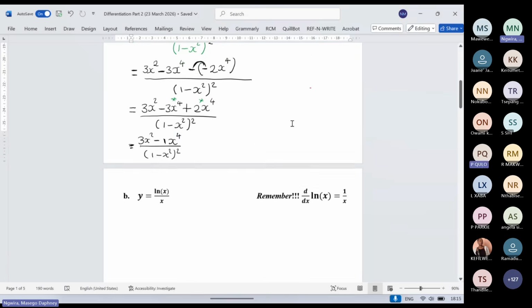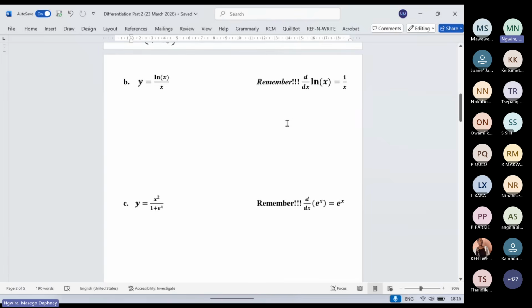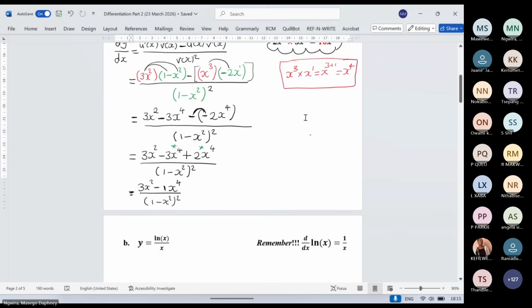Let me do another one so that it can make sense. Ma'am, before you move on, that one x to the power of 4 at the final answer, the numerator, where did you get that? Minus 3 plus 2. These two are like terms. They both have x to the power of 4. That's why I wrote this here.